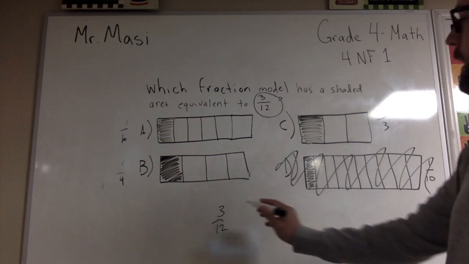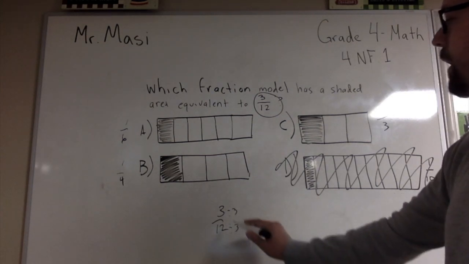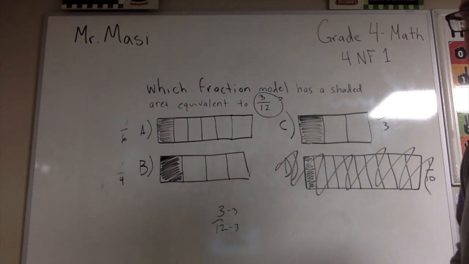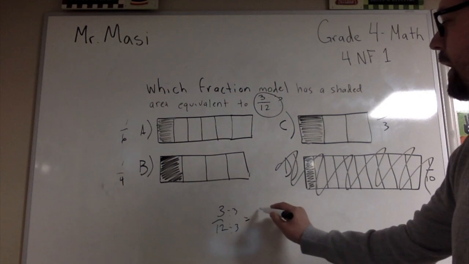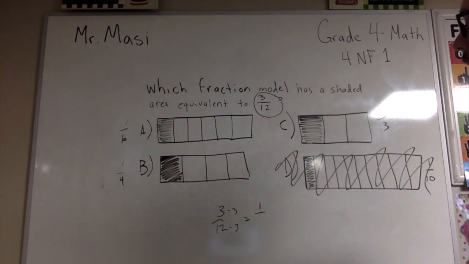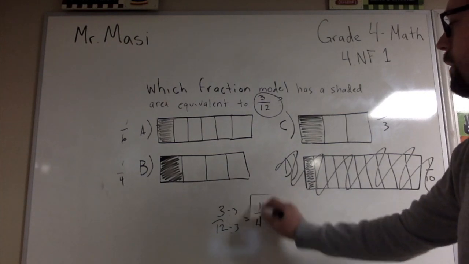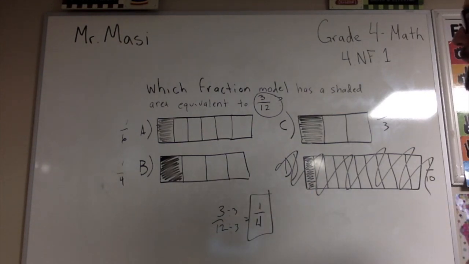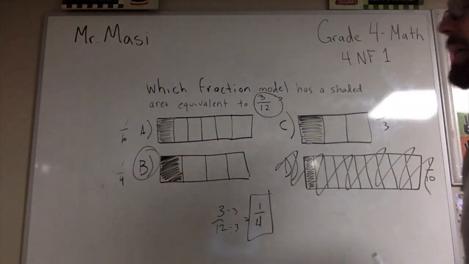I can divide it by 3, because 3 is a common factor for 3 and 12. So if I do 3 divided by 3, I get 1. And if I do 12 divided by 3, I get 4. So if I do it that way, I automatically know that my answer has to be B.